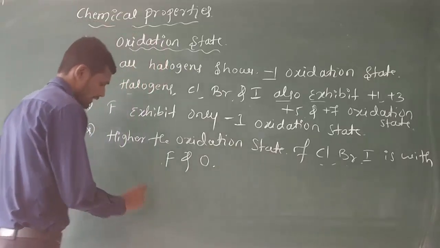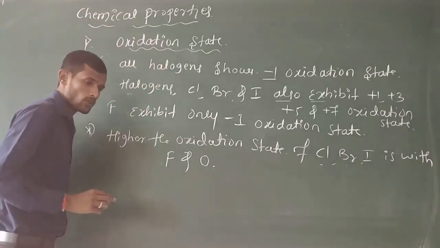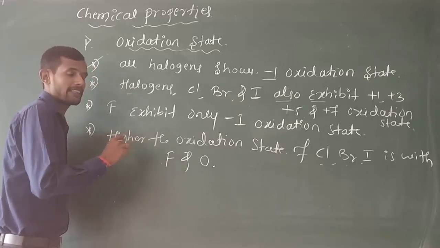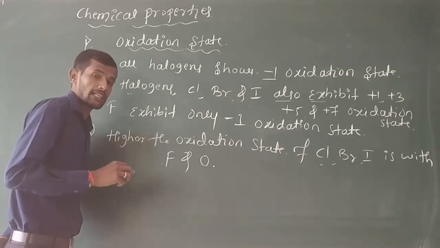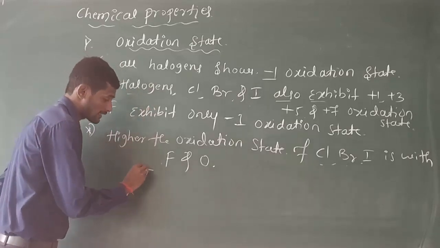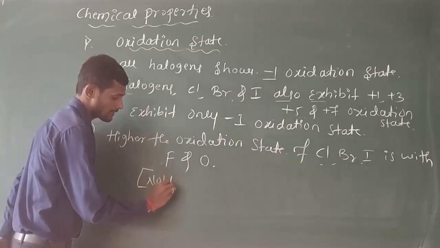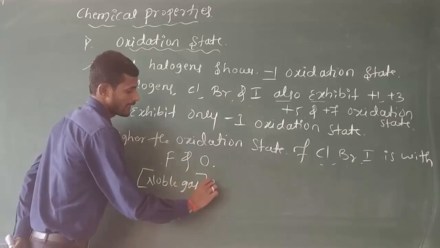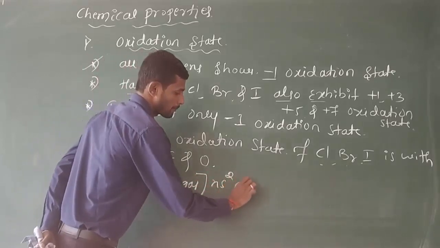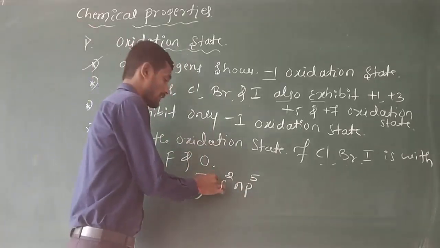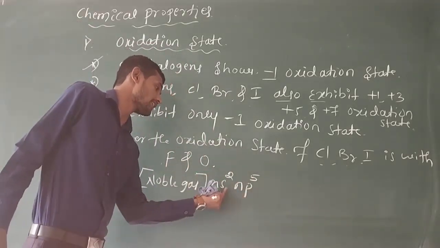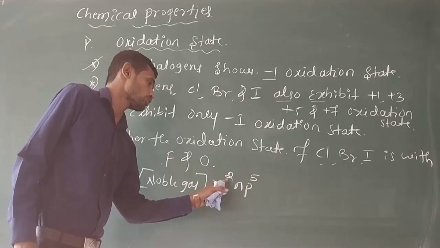Students, I think you know the general electronic configuration of 17th group elements. We saw the electronic configuration in the previous class. What did we write there? Noble gas ns2 np5. Is it right? In the valence shell there are a total of 7 electrons, 2 plus 5.